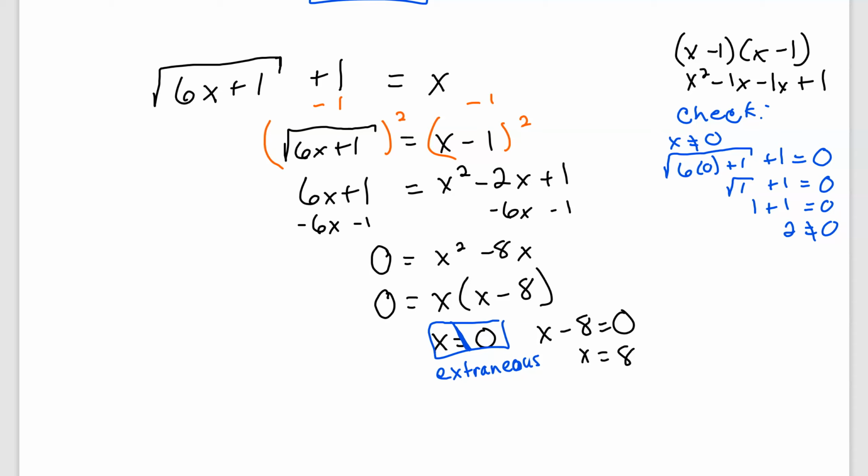Let's check the x is equal to 8. 6 times 8 plus 1, plus a 1, is that going to equal 8? So this is 48 plus 1 plus 1. 48 plus 1 is 49.